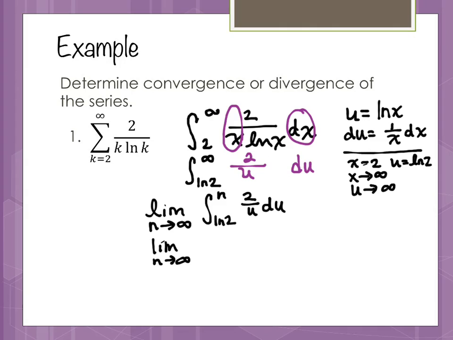So what's the antiderivative of 2 over u? 2 ln of u. And it's technically absolute values of u. My u values are actually all positive, so I can sort of avoid writing the absolute values on this one. It won't hurt anything. And I need to evaluate that at n and at ln of 2.